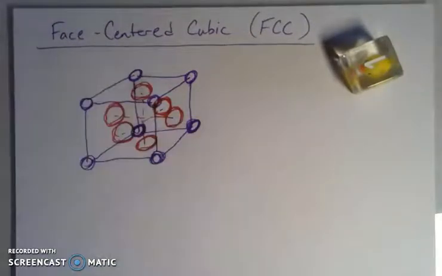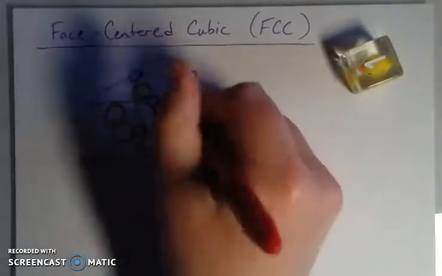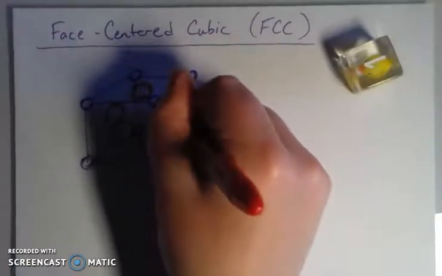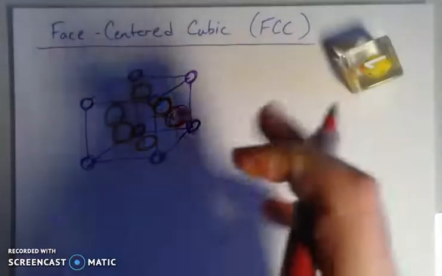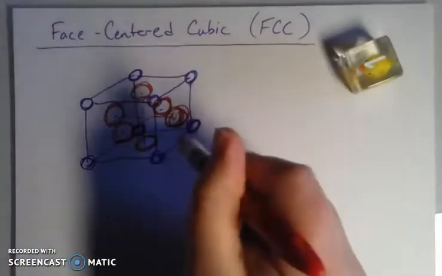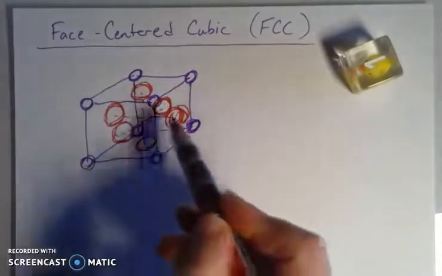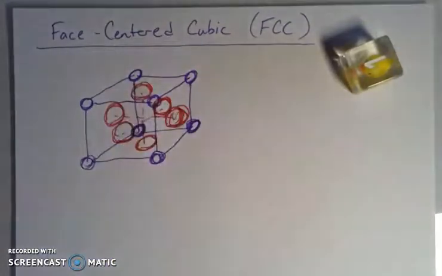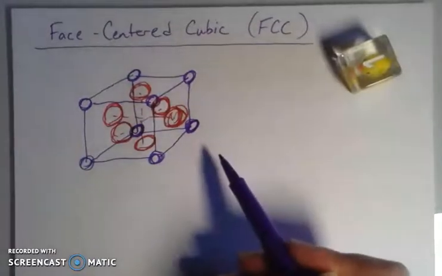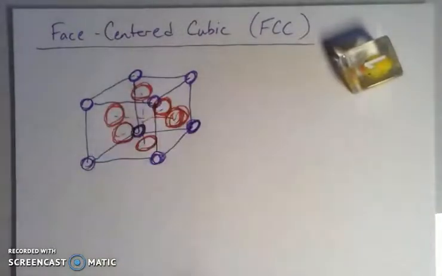There's nothing at the center of this. If we're visualizing this from the side, then half of this atom is going into this space, and the other half is going into this unit cell. So this one next to it has half of this atom, and this unit cell has the other half. When we have a face, because it's shared by 2 unit cells, it is really half of an atom.